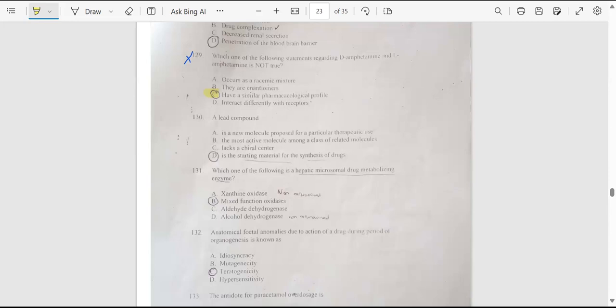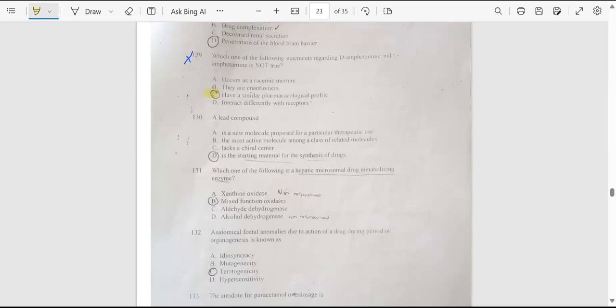Wait, a hit is... No, I've seen somewhere that a hit is a compound which has the desired activity in a compound screen and whose activity is confirmed upon retesting. I'm not sure.